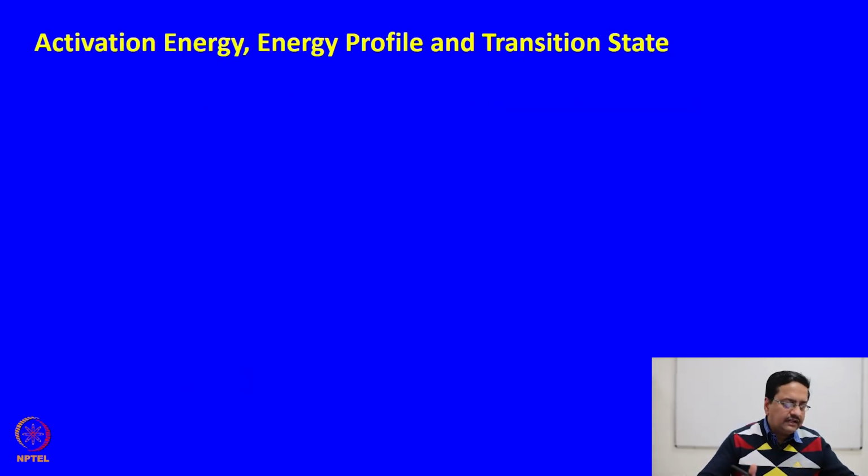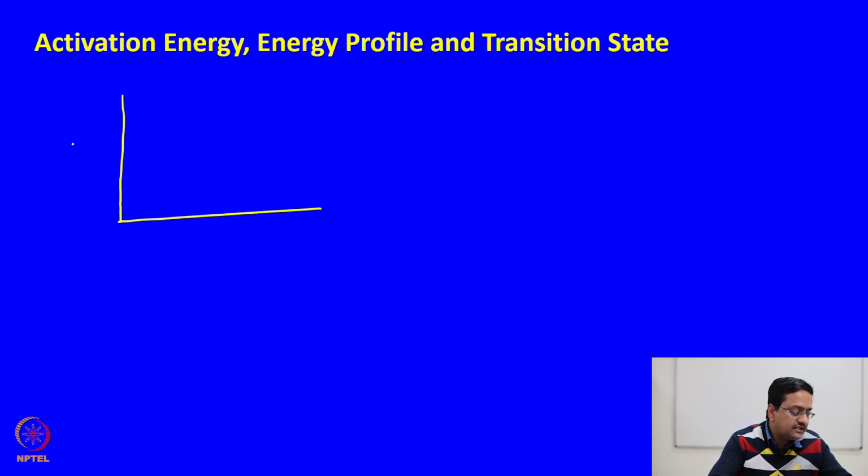So, when we try to write the energy profile diagram of a chemical reaction, which we have written very briefly when we discussed SN1, SN2 and E1, E2 reactions, let us try to understand that in more detail using the free energy versus reaction coordinate plot.